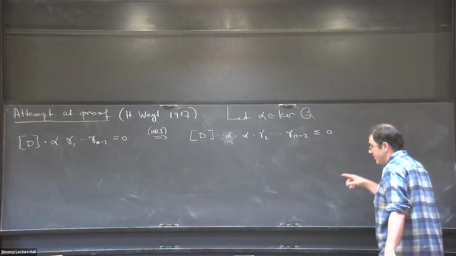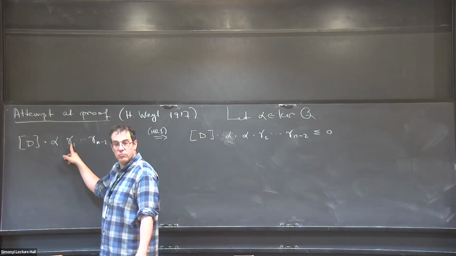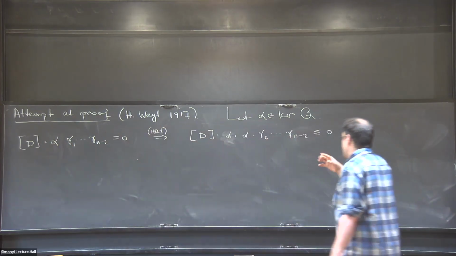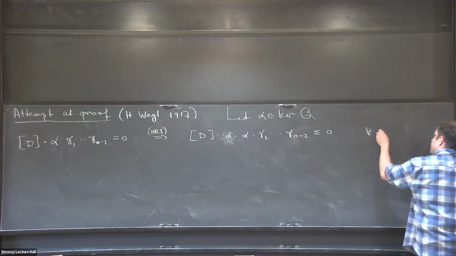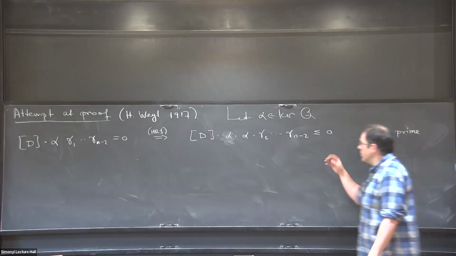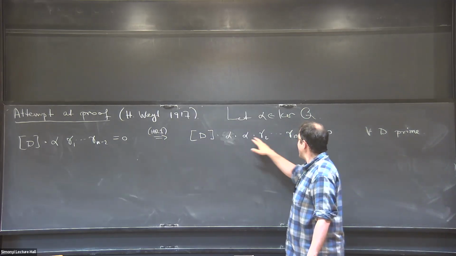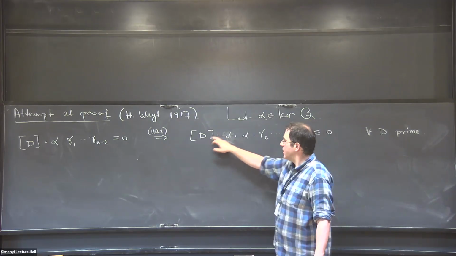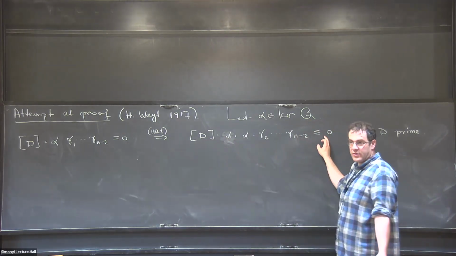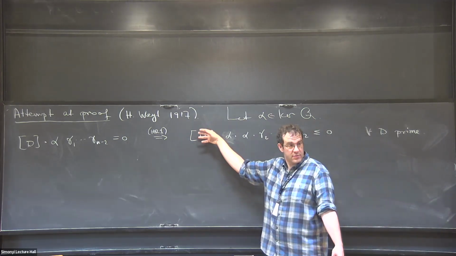I've just applied the HR1 with alpha as alpha and beta as gamma 1, on the restriction scheme, and this is true for all prime D. So in particular, if I take alpha dot gamma 2 through gamma n minus 2 and multiply it by anything that is pseudo-effective, then it should be non-positive, because I can get those as limits of effective divisors.